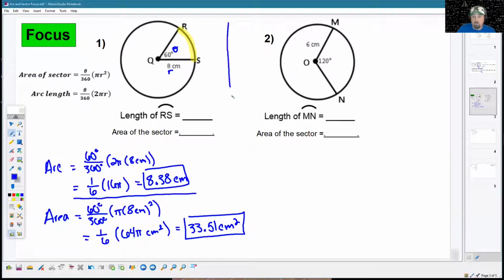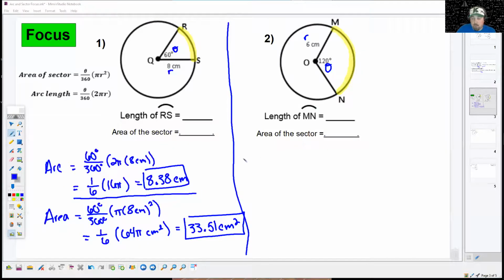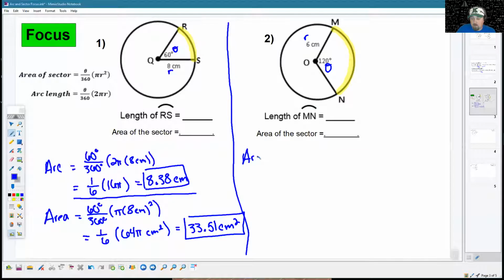We're going to repeat this process for the second one. This is our theta. There's our R. We want the length of the minor arc right here, which is MN. So we're going to do this the same way. So the arc is going to be 120 over 360, and we're going to go 2 pi r because we want the arc length. And here we're measured in centimeters again.